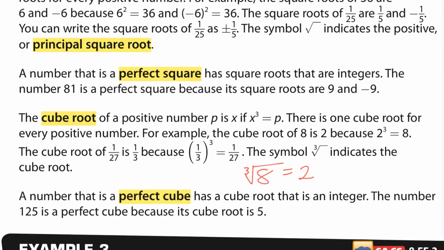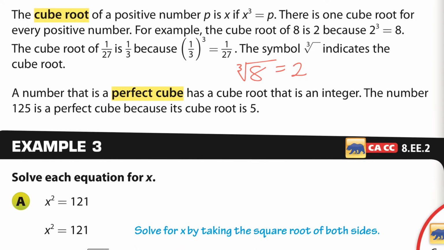And a number is a perfect cube when it has an integer for a cube root, such as the cube root of 27 is equal to 3. So 27 is a perfect cube.